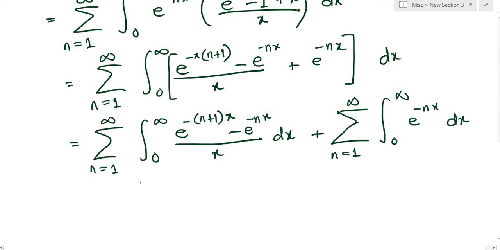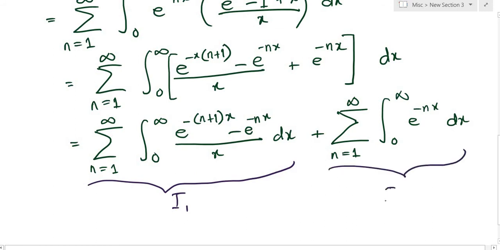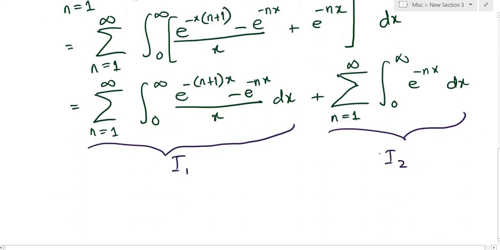So let me call the first sum integral term I1 and the second sum integral term I2, and I'm going to be doing them on a separate page, so see you there.